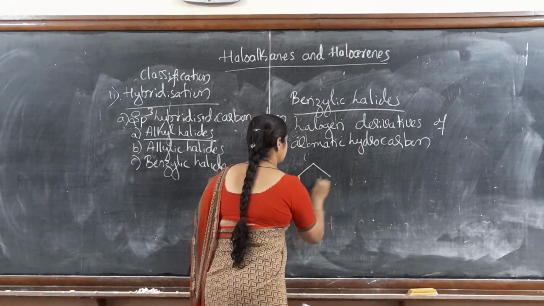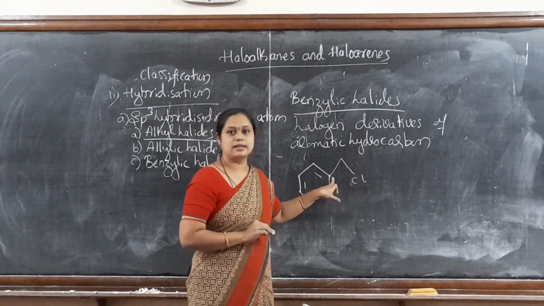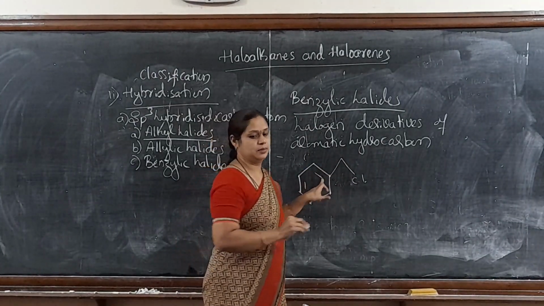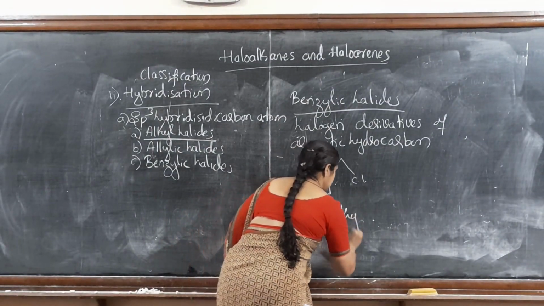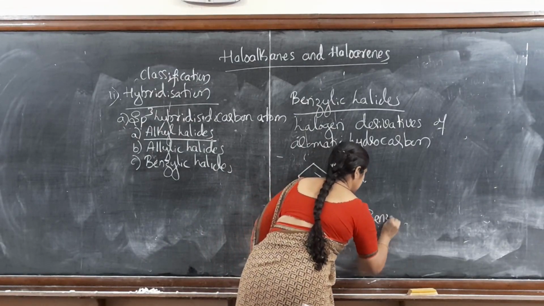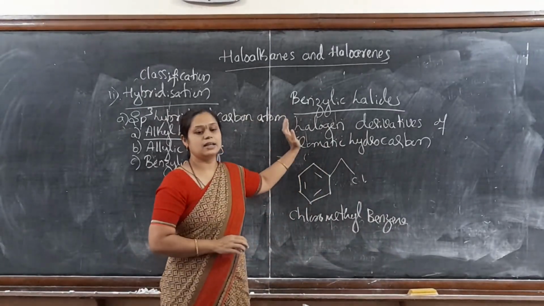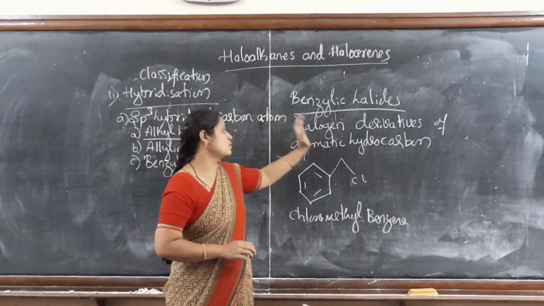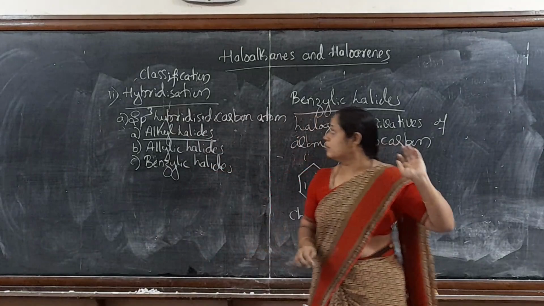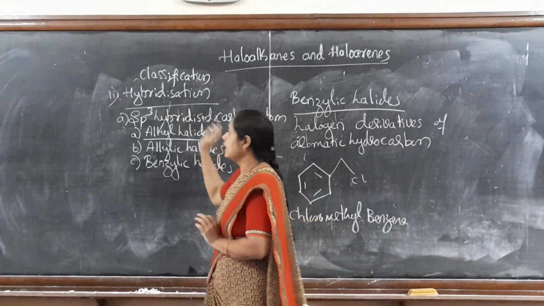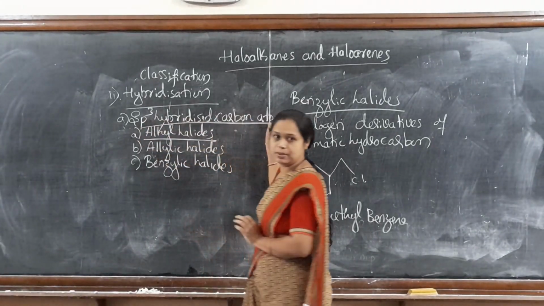For example, the halogen atom is attached to the carbon adjacent to the aromatic ring: chloromethylbenzene. So they are the halogen derivatives of the aromatic hydrocarbon, the benzyl halides. So this is based on the hybridization, where the halogen atom is attached to an sp3 hybridized carbon atom.